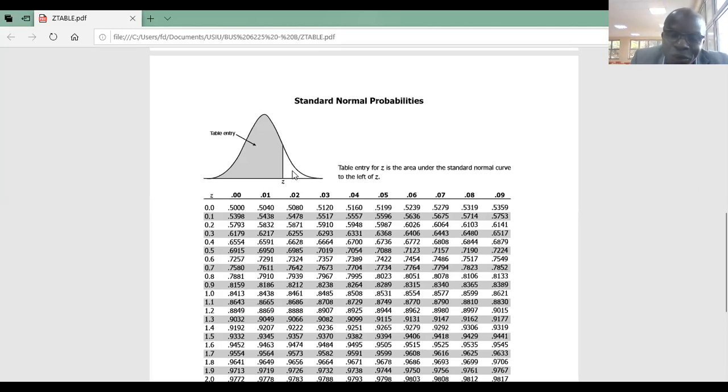If this area is 0.05, therefore this is Z 0.05, which is this area? If this area is 0.05, what is this area? 0.95. Okay.